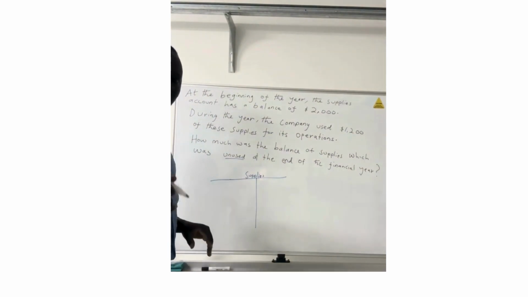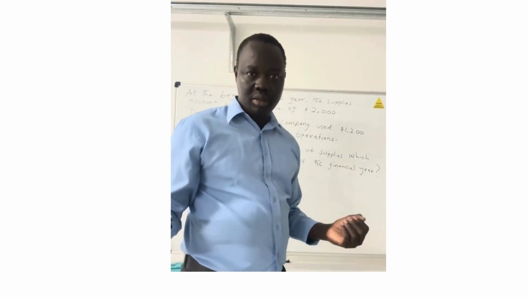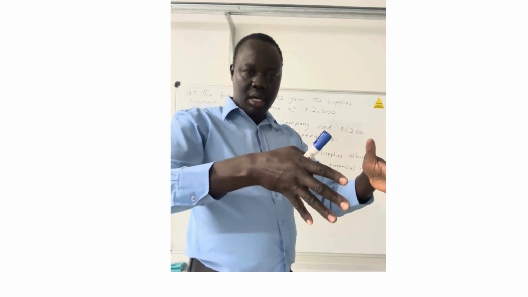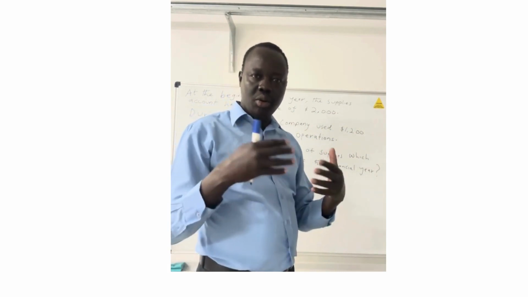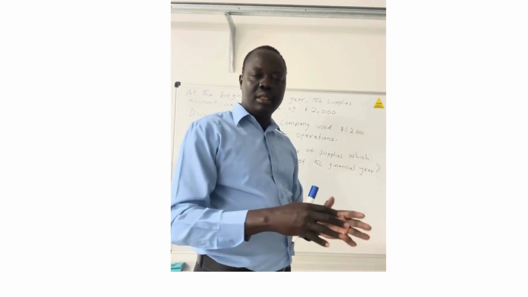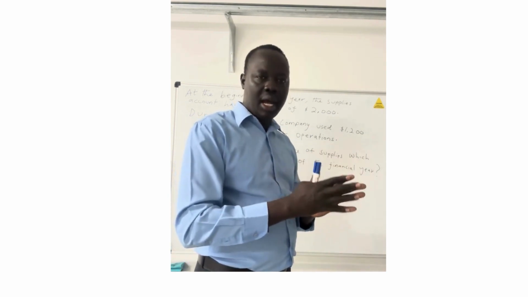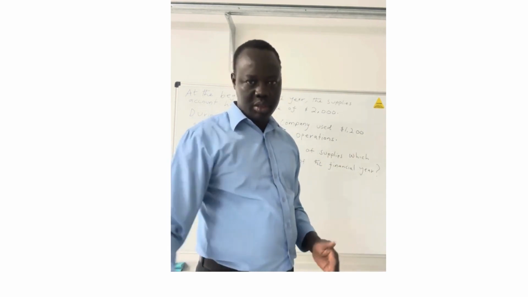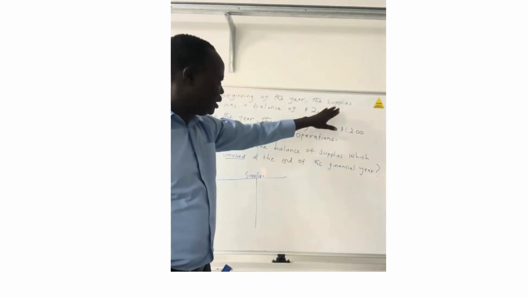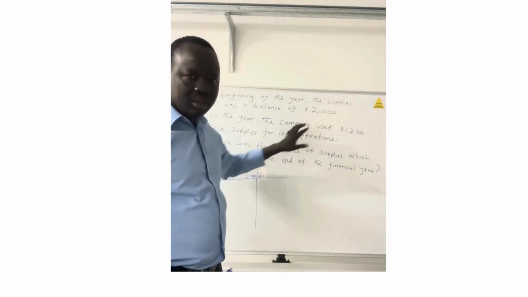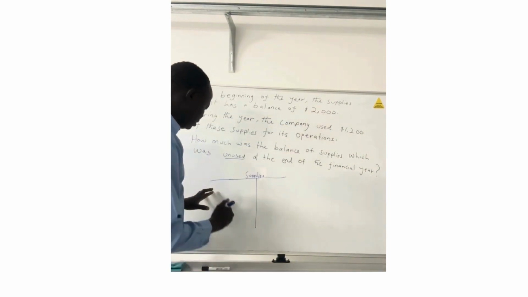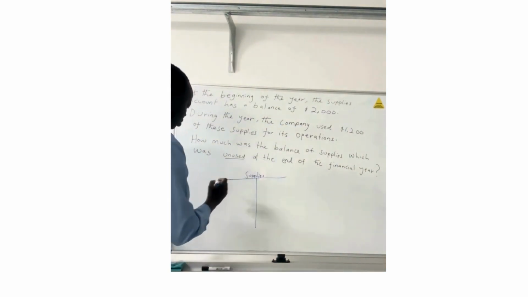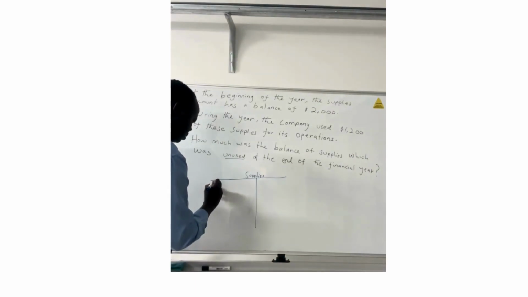You know, real accounts, all accounts that are reported on the balance sheet, are called real accounts, and the balances are carried forward. Seeing this one is an asset account, and we have been told this amount was the opening balance, we put this as the beginning balance.